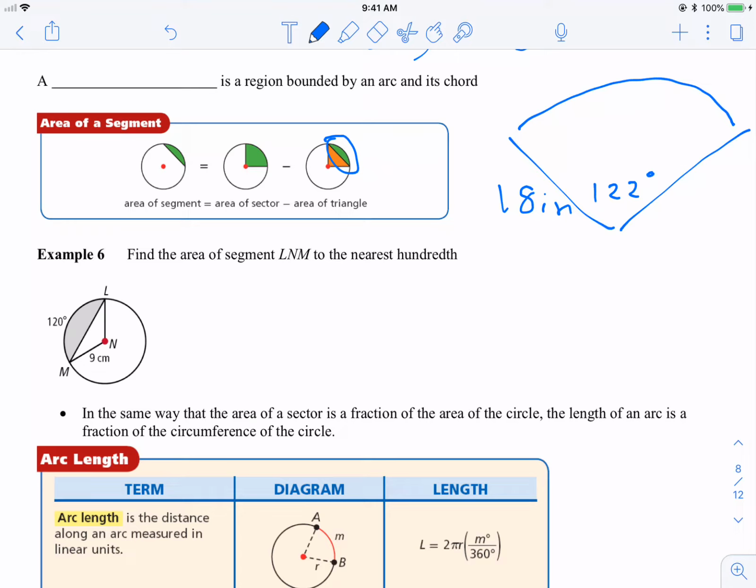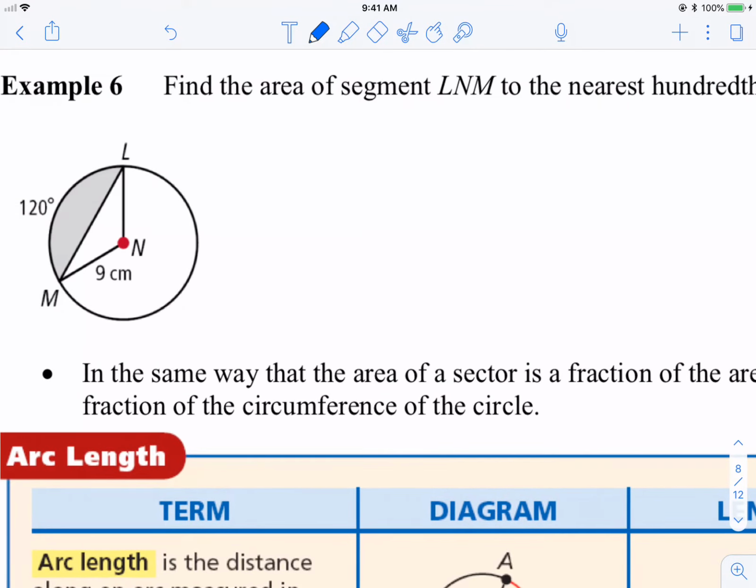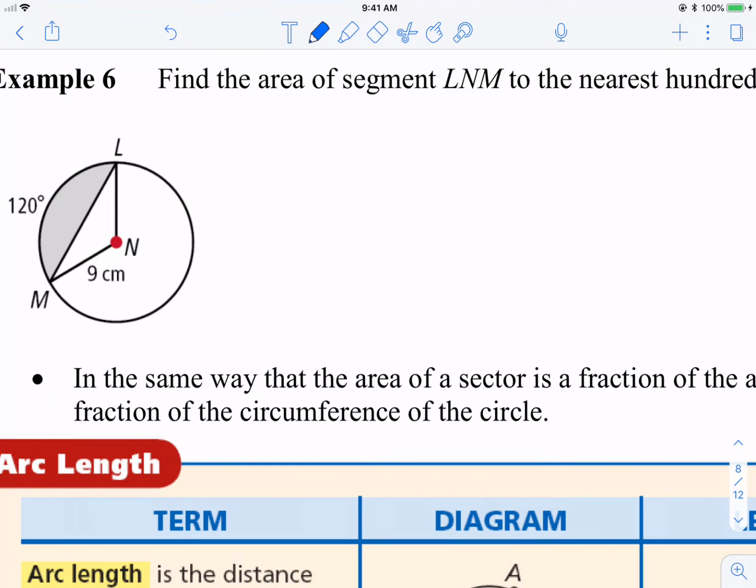Example 6, we are asked to find the area of the segment LNM to the nearest hundredth. So we see in this picture that we have a 120 degree arc, LM, which should correspond with a 120 degree central angle for angle LNM. Now, let's make this a little easier for us to visualize.